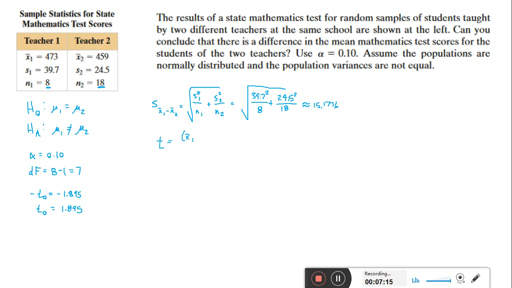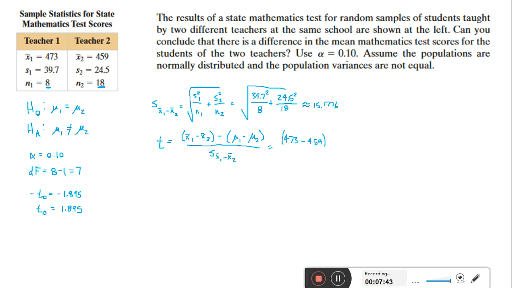All right, so we come down here into our t-test. And of course we have x bar sub 1 minus x bar sub 2, all minus the mu for the first set minus the mu for the second set. And we of course divide that by the standard deviation of x bar sub 1 minus x bar sub 2. Go ahead and plug in our values here. We should get 473 minus 459.